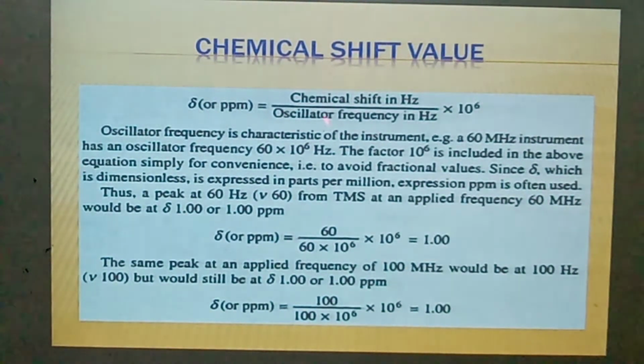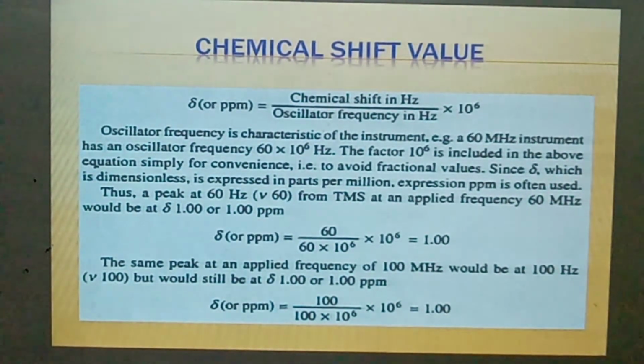Here the data is expressed in the unit of delta, and the unit is ppm. The formula used for getting the delta value for a particular proton is chemical shift in hertz divided by oscillator frequency in hertz, times 10 to the power 6.